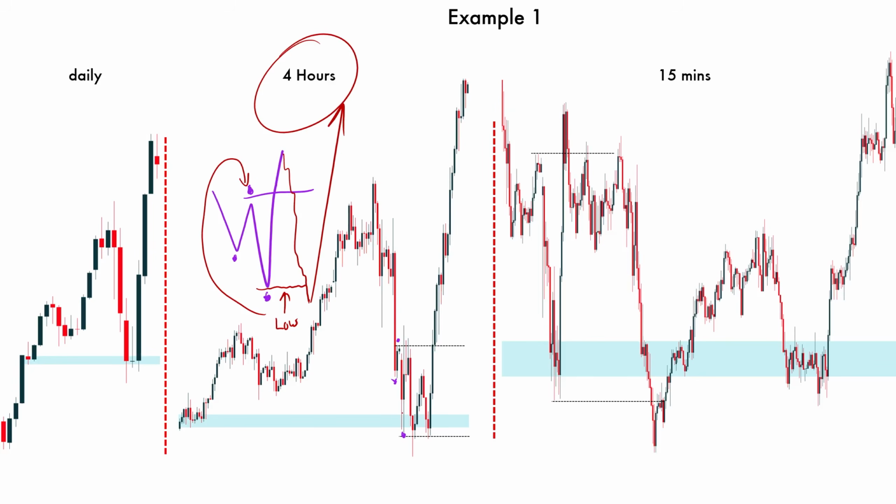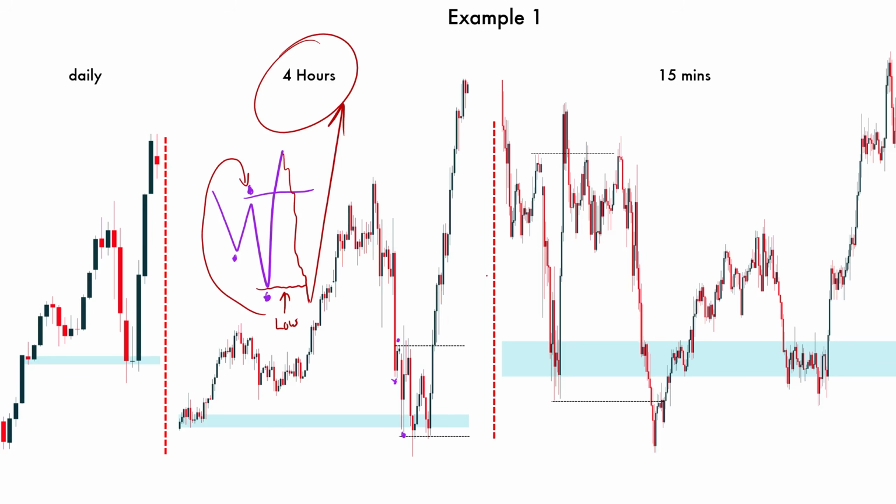So right now that we have the market structure that we need to focus on, you can still move on to the lower time frame, or if price action allows us to trade on that particular time frame, we can still try to do it, but I prefer to move at least a little bit lower so that I can see price action in a different way and also reduce some risk.